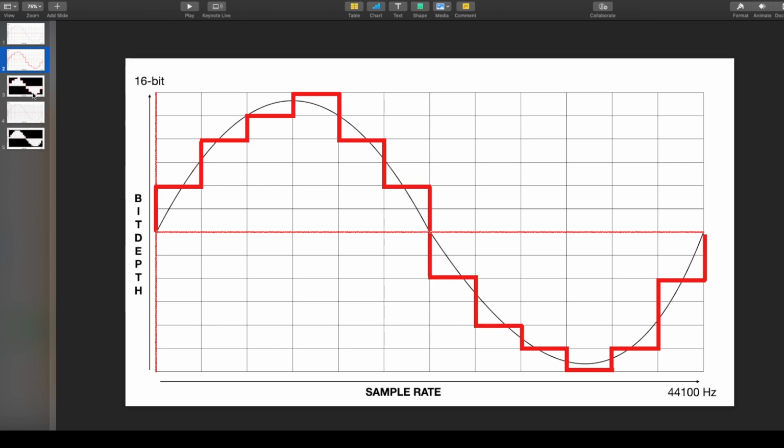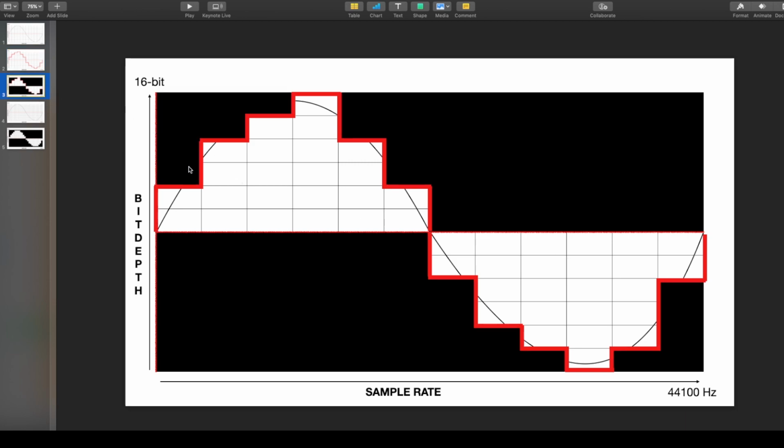And what happens is, after this, it truncates that information. So you can see we had a clear, smooth curve of a sine wave. However, now that curve has changed into something more like a square wave, a very jittery, quantized version of this.